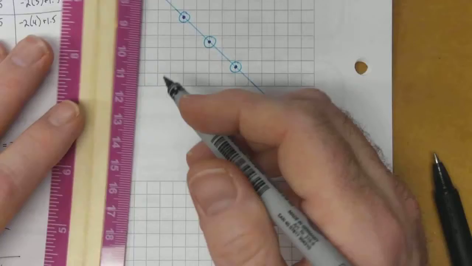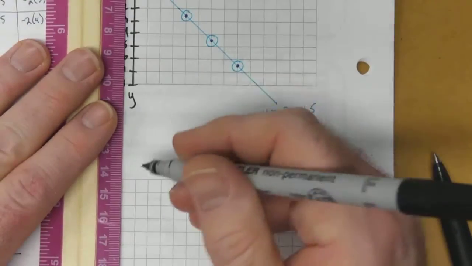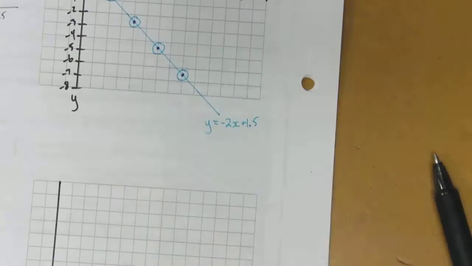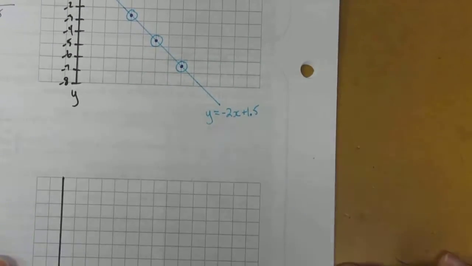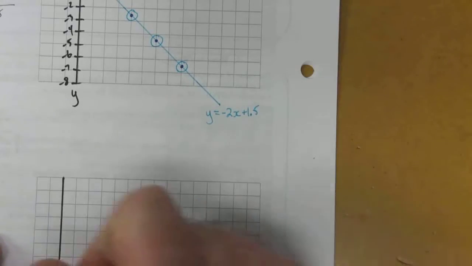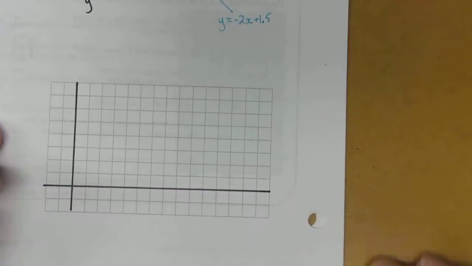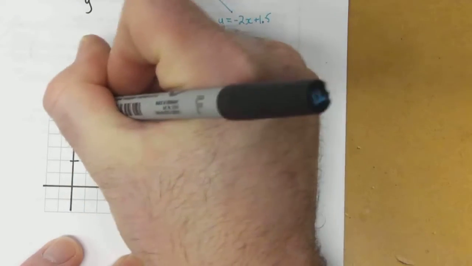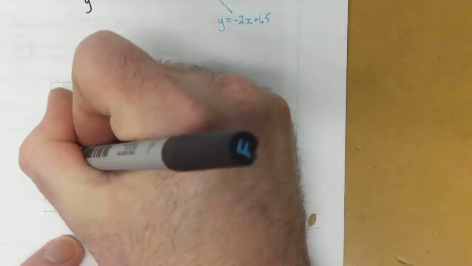And we can draw it something like this. So we've got those on there. 1, 2, 3, 4.